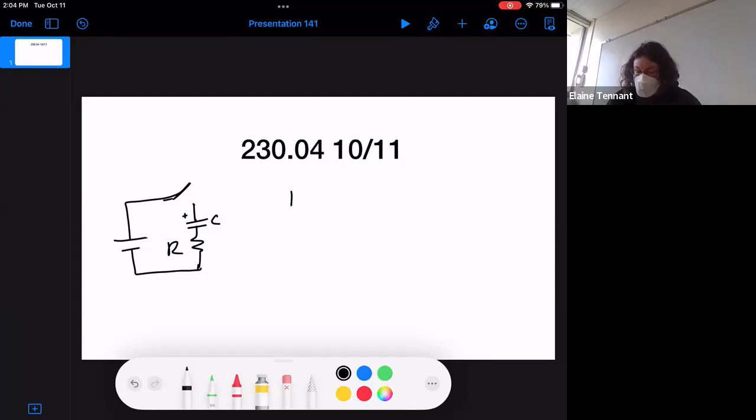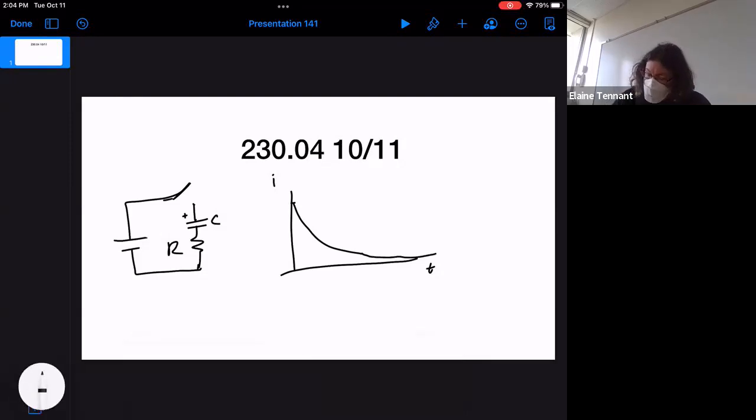So you have this iterative process: as more charge builds up, less current can go, but as long as the current is positive, charge will still build up, so the current will decrease, and you get this exponential decay on the current.